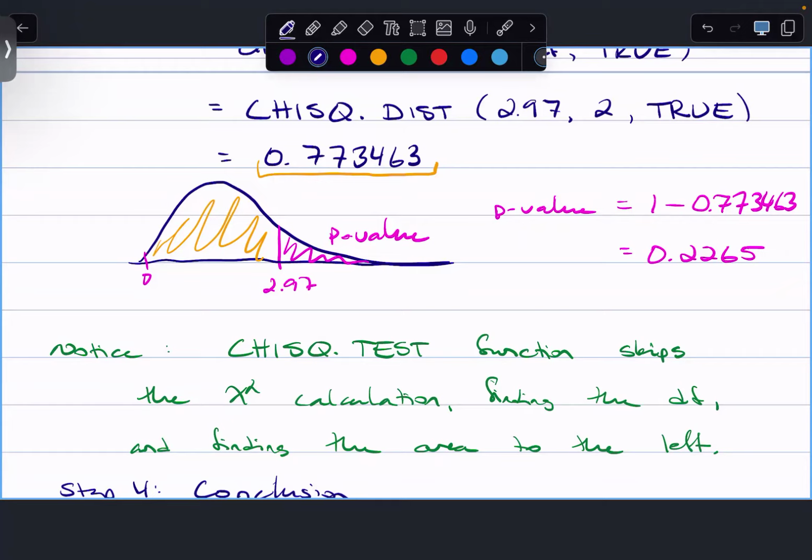Unfortunately, all I can do, well, I can give you the Snoop Dogg meme. That's about it. But all I can do is give you the definition of the p-value.